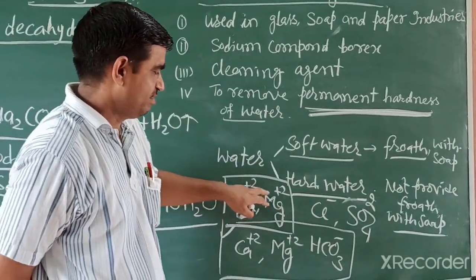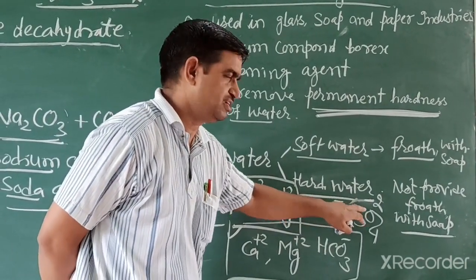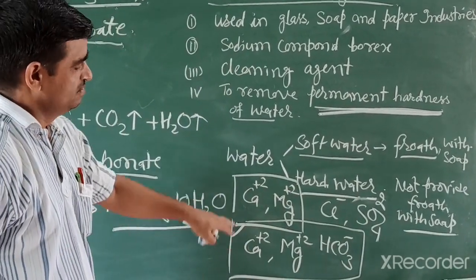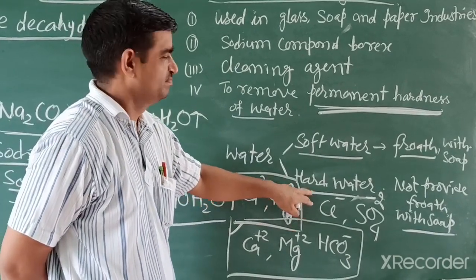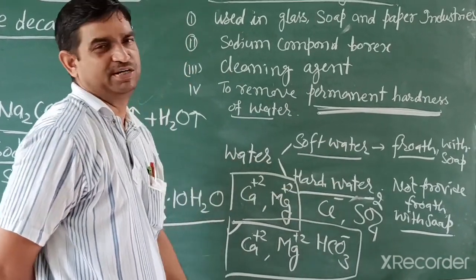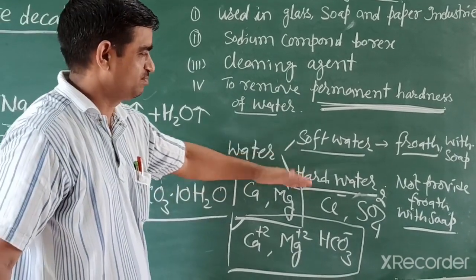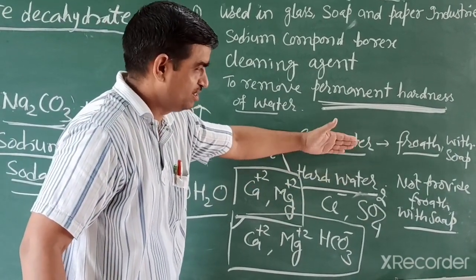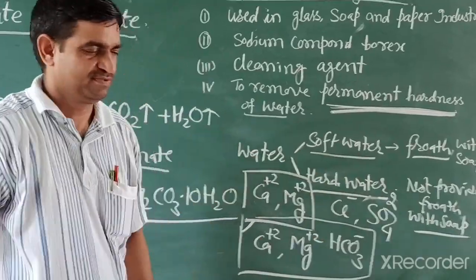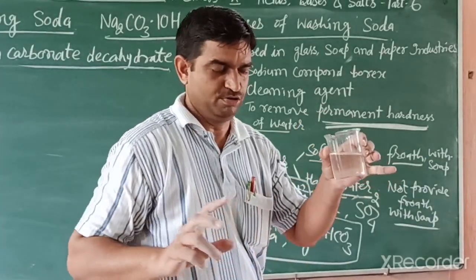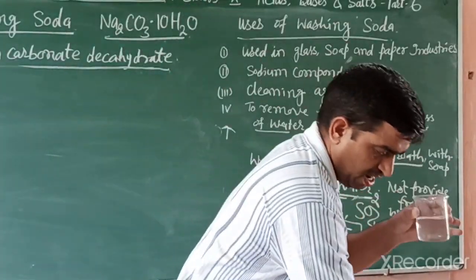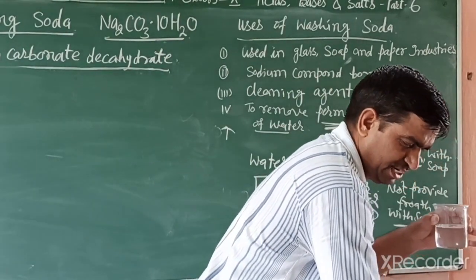And when calcium and magnesium are with chloride and sulfate, that is permanent hardness. We have to remove these ions to remove the hardness of water. So we take an activity that explains which water is soft and which is hard. Check whether this water is hard or not. How can the hardness of water be checked? By soap.